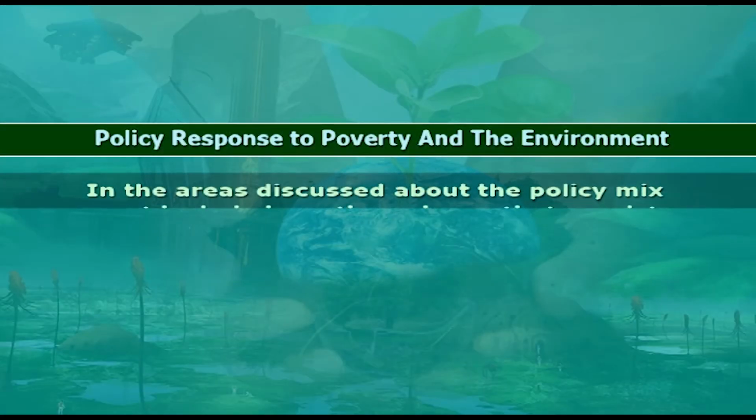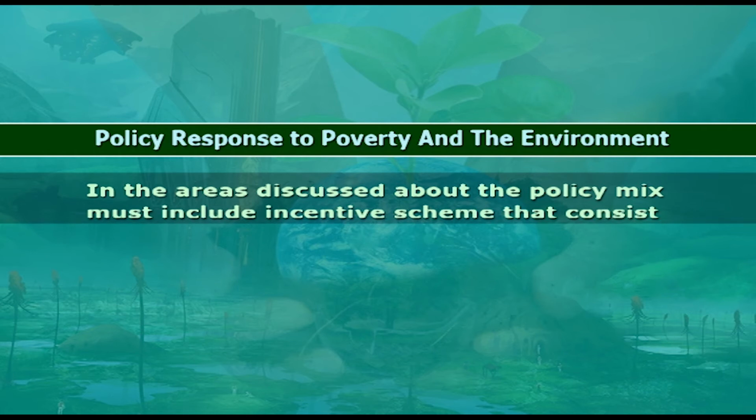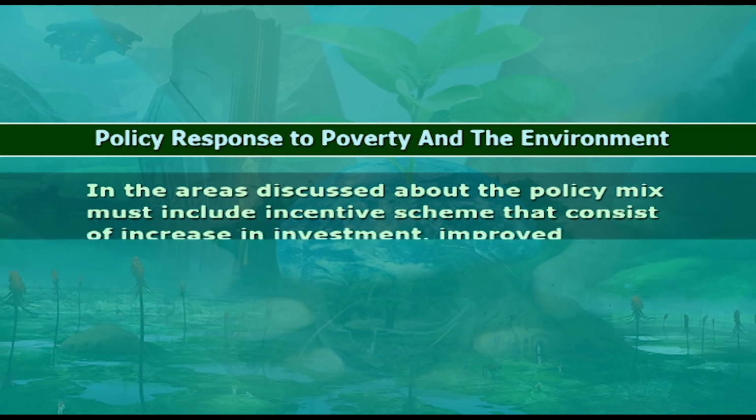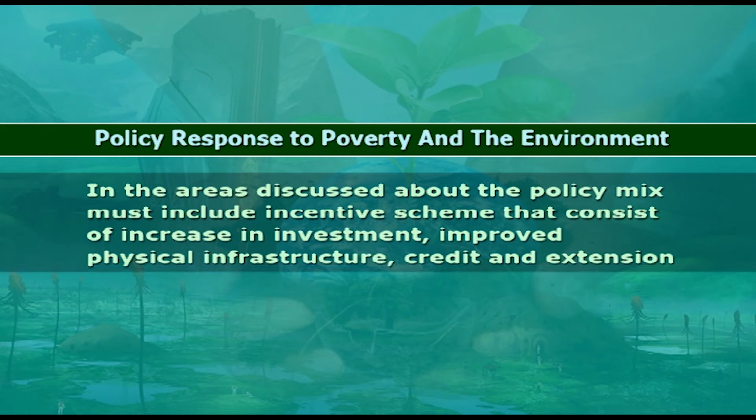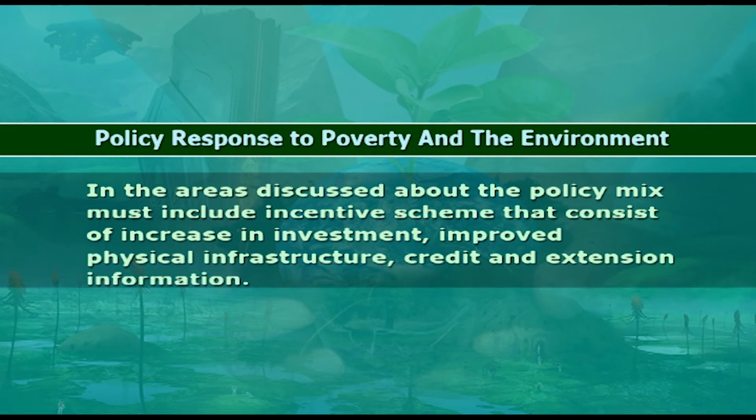In the areas discussed, the policy mix must include an incentive scheme that consists of increased investment, improved physical infrastructure, credit and extension information. Institution building, that is, establishing or reinforcing property rights through land and resource tenure, is very much needed to achieve the aforesaid schemes.